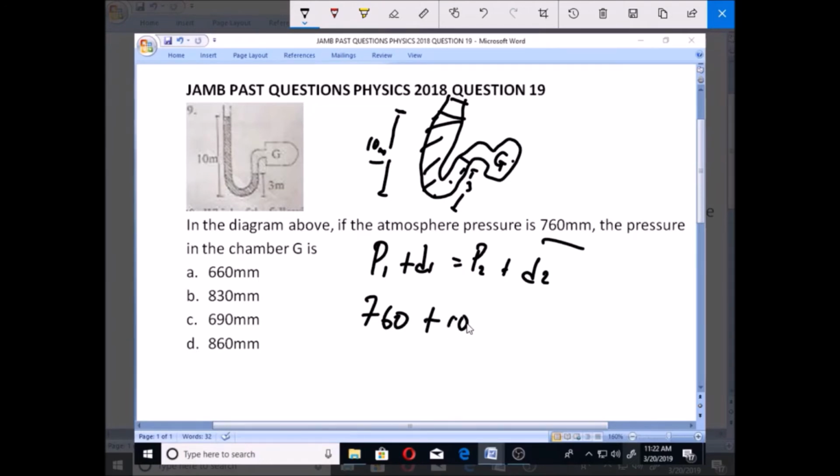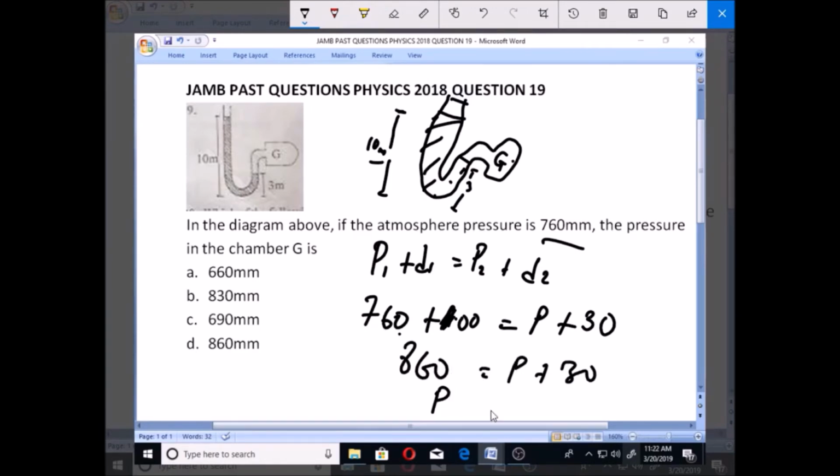and this 10, if we convert it to millimeter, is going to give us 100 millimeters. So we have 100 millimeters here equal to P2, which is what we are looking for, plus d2 is 3. If we convert this to millimeter, we have 30. So this 760 plus 100 is going to give us 860, equal to P plus 30.